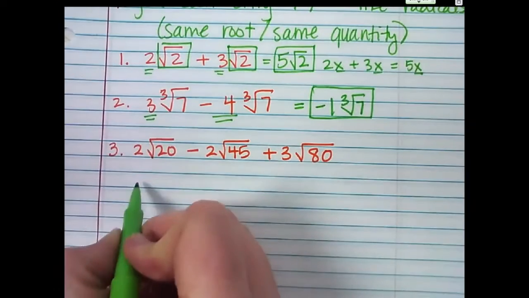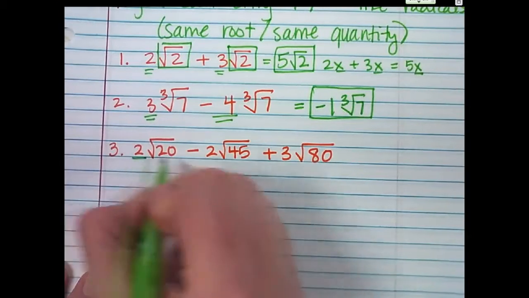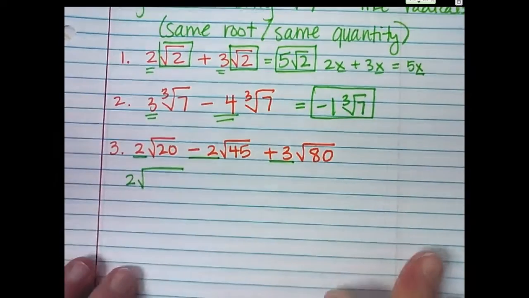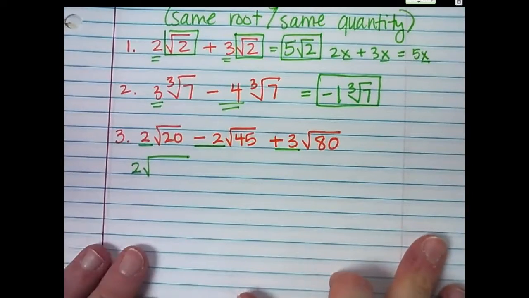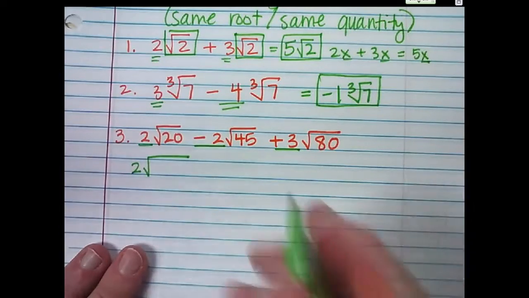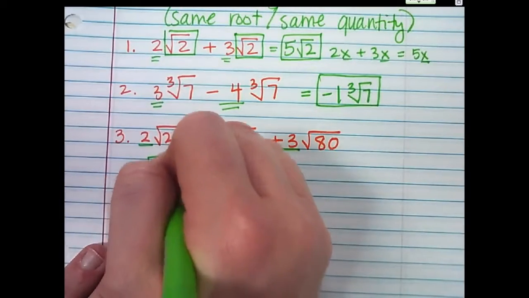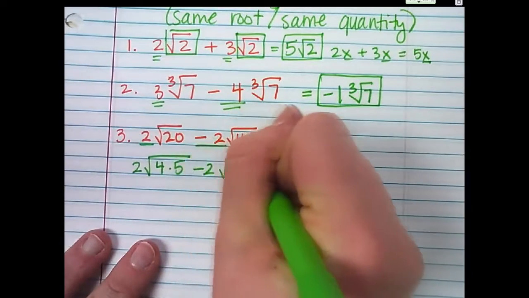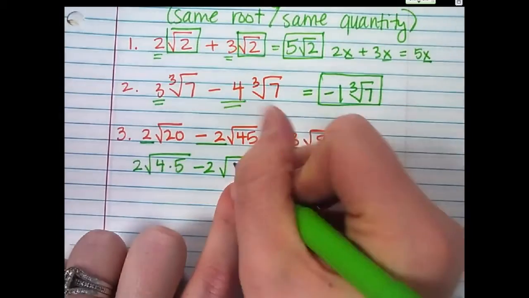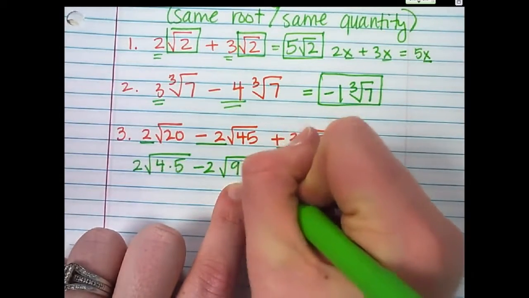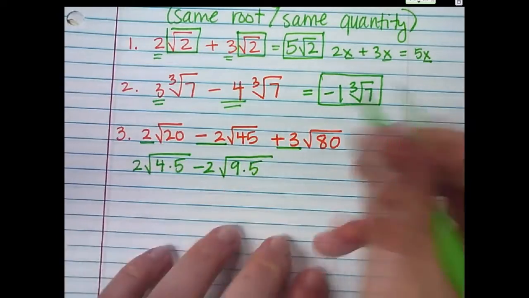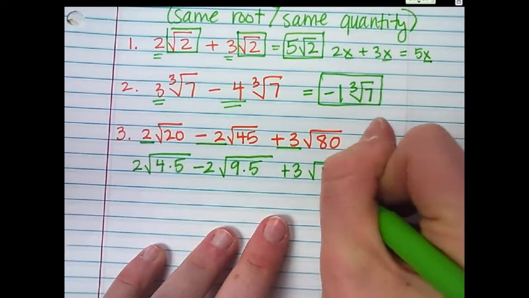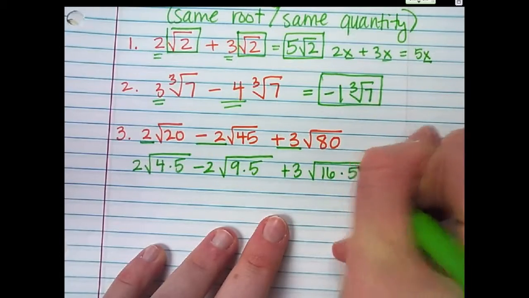I'm going to write underneath each one because I want to make sure I include these numbers too. So what perfect square is inside 20? 4 times 5, good. So I'm just going to go down the line. 2 times what's inside 45? 9 times 5. And then plus 3. And we already did 81, so what is this one? 16 times 5.